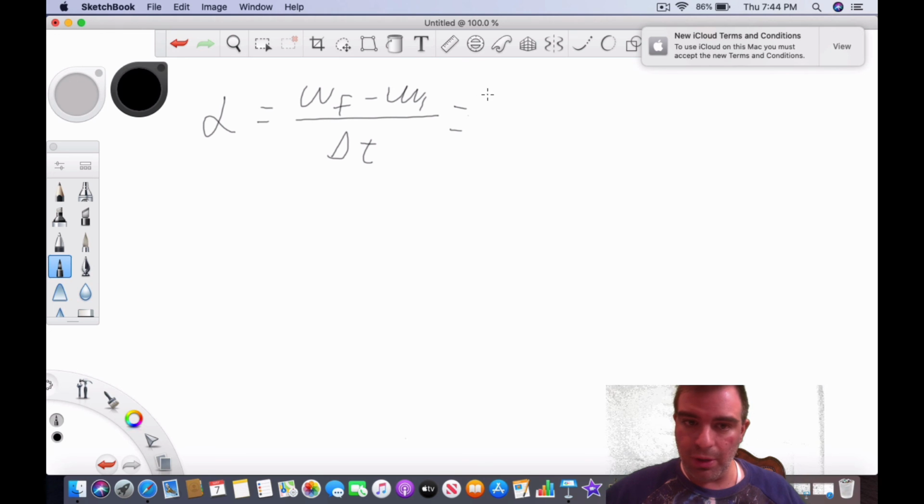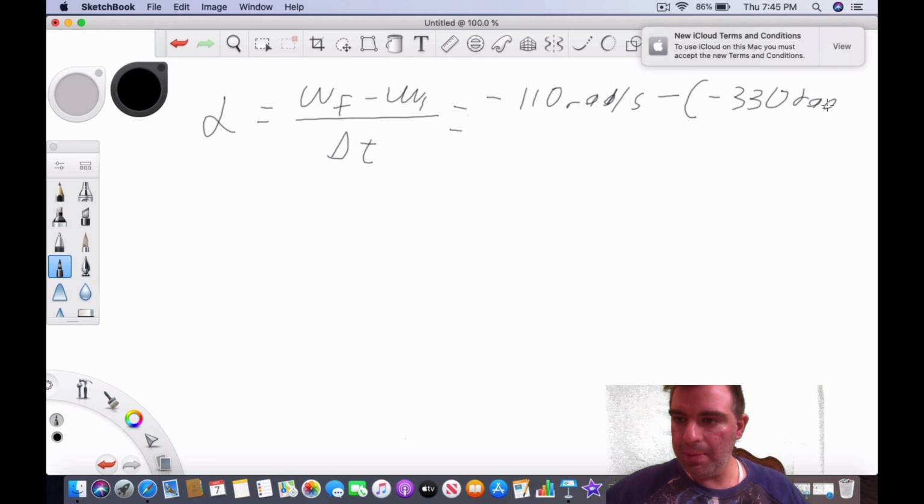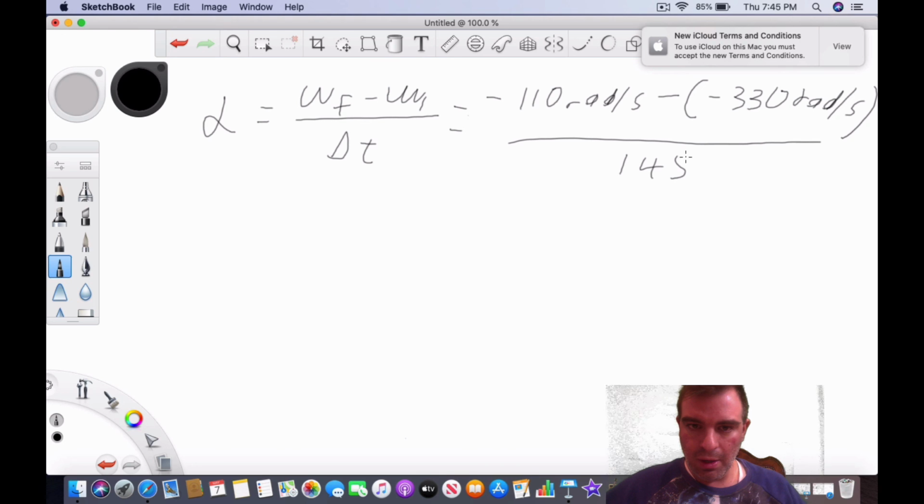The final velocity was negative 110 rad per second, minus the initial, which was negative 330 rad per second, divided by the time, which is 14.